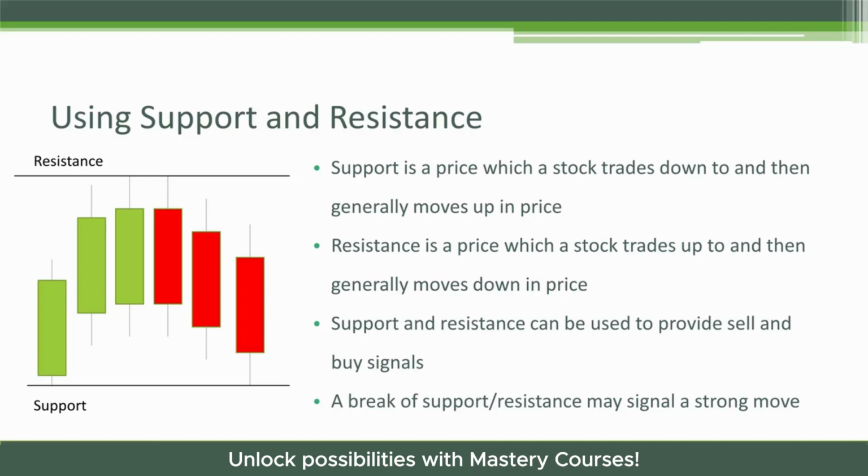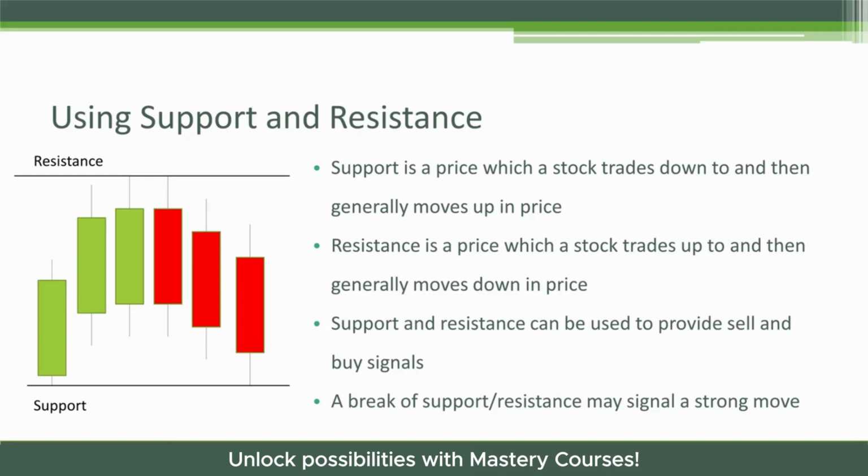The longer a support or resistance level is in place, the more important the signals that the support or resistance level provides. So a multi-day support level is more important than a multi-hour level, and a multi-week level of support or resistance is more important than a daily level of support and resistance.